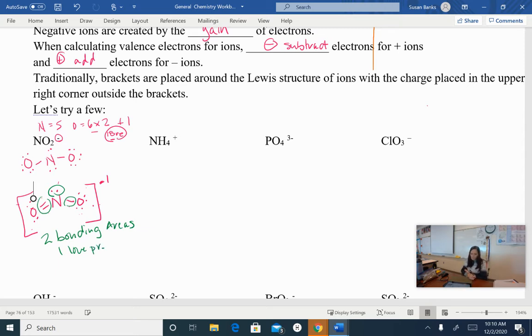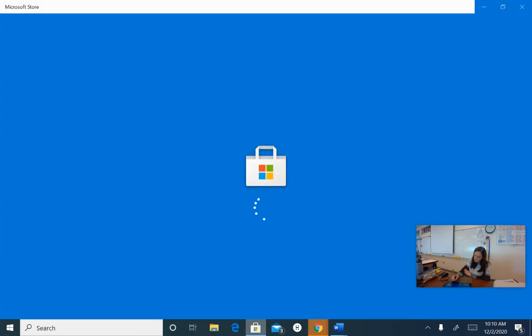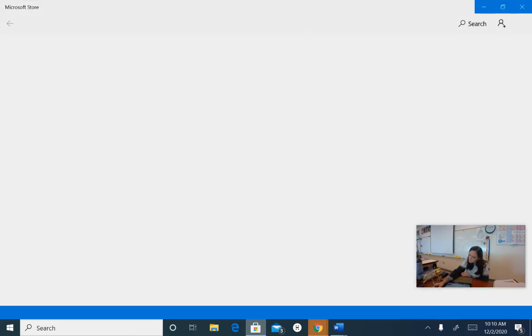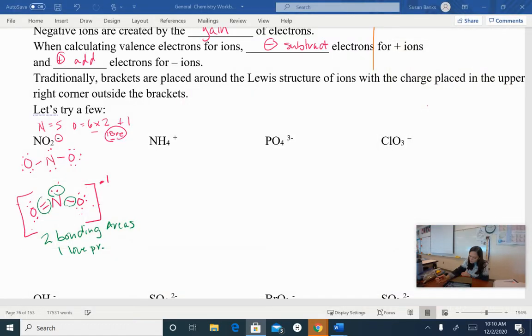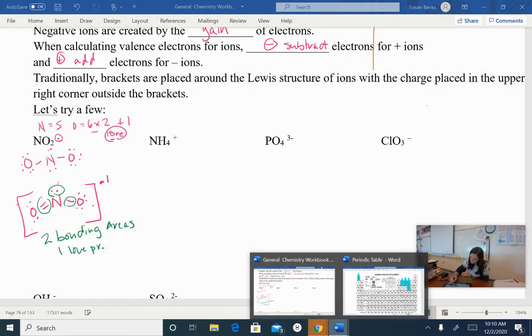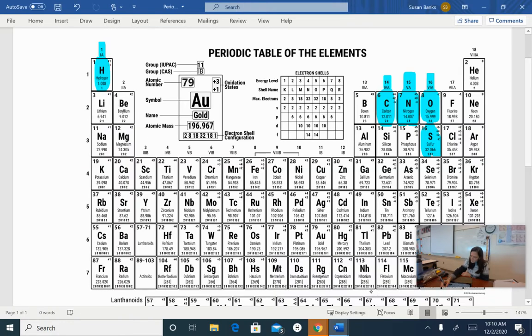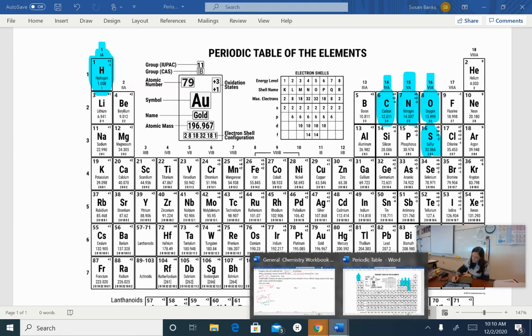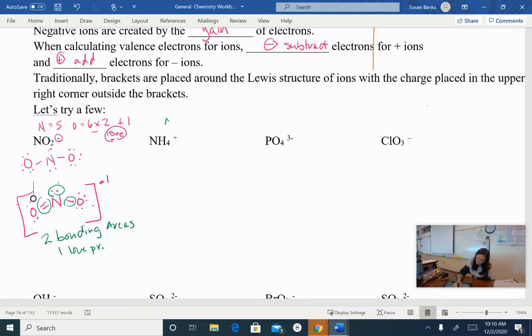Okay? Let's look at ammonium. On ammonium, nitrogen has 5 valence electrons and hydrogen has 1. So we're going to write this out.